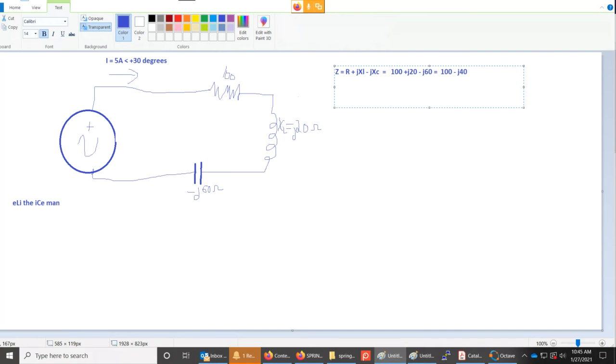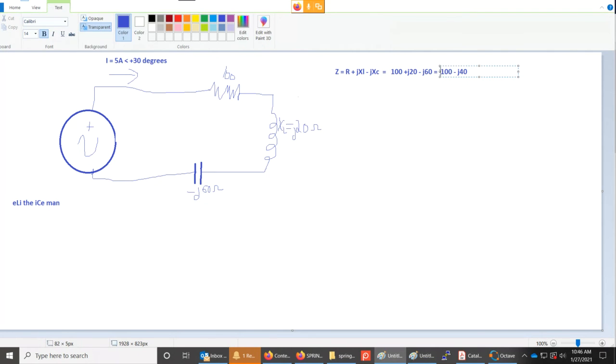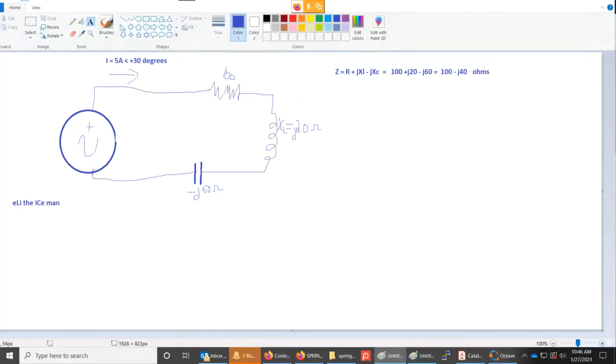So you see how the 20 of the inductive reactance cancels out 20 of the capacitive reactance. So we end up with just simply a minus J40. And of course, the units for this are ohms, because it's an impedance.